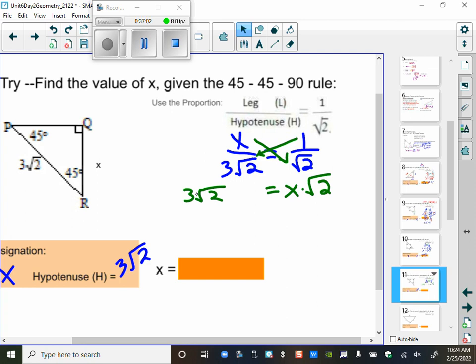So, Des, you said, why are we going to multiply both sides by the square root of 2 this time? Okay, we can't subtract because, remember, you're multiplying here. And here, there's no adding or subtracting, so there's no subtraction.